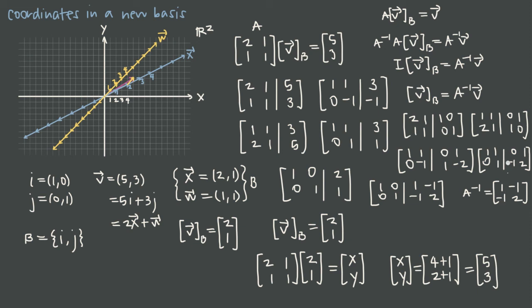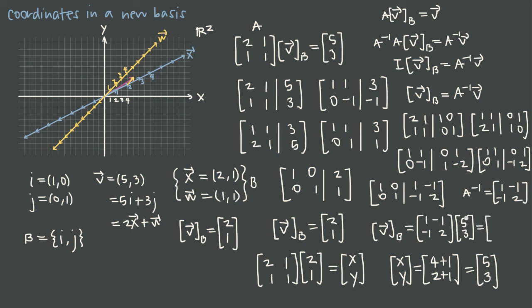So that's our inverse matrix, and according to the math we did up here, we can find any vector v, we can find its definition in the alternate basis simply by multiplying this inverse matrix by any vector v that we want to. So let's say we wanted to find the representation of 5, 3 in the alternate basis. All we have to do is plug that in here and multiply this inverse matrix by that vector.